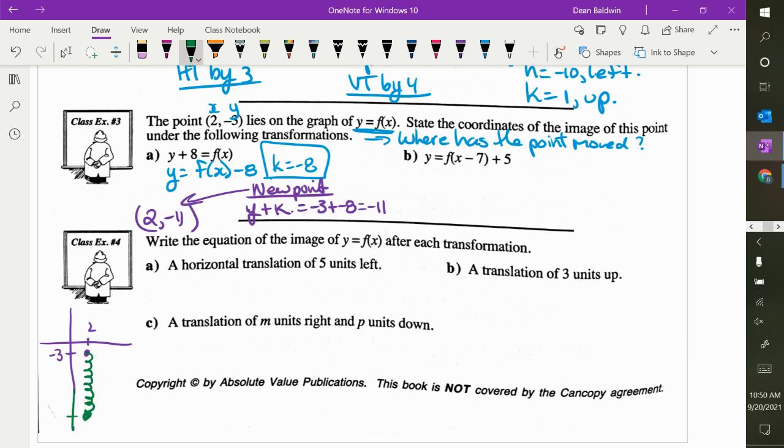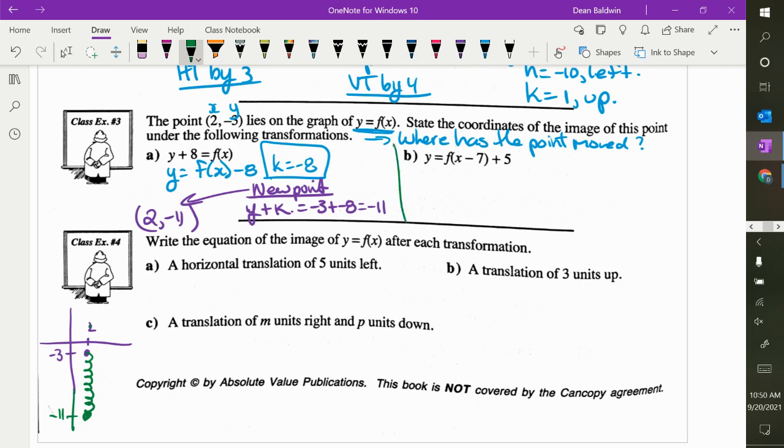That's where we end up at -11. So this green point has coordinates 2 and -11. That's all you're doing. But I will warn you, when we get into more complex ones, the algebra is actually way faster. But if you like that, by all means do that.